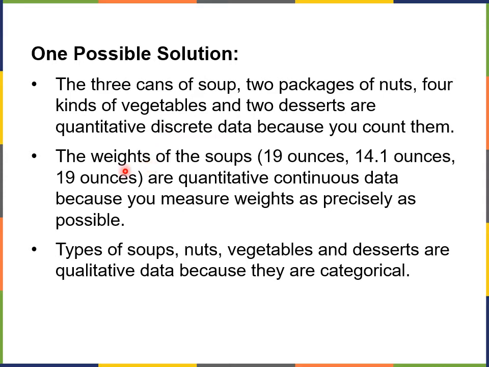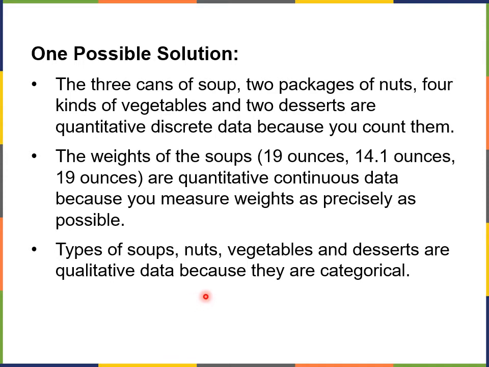If we looked at the weights of the soups, 19 ounces, 14.1 ounces, and 19 ounces, that's numeric, so quantitative, but it's also continuous in that it's a measure of weights. It can be done as precisely as we want. Do we do it to 1 decimal place, no decimal place, 10 decimal places? It would be measured on a scale. So there's a continuous amount, an infinite amount of values that they could be, and so that would be our continuous data.